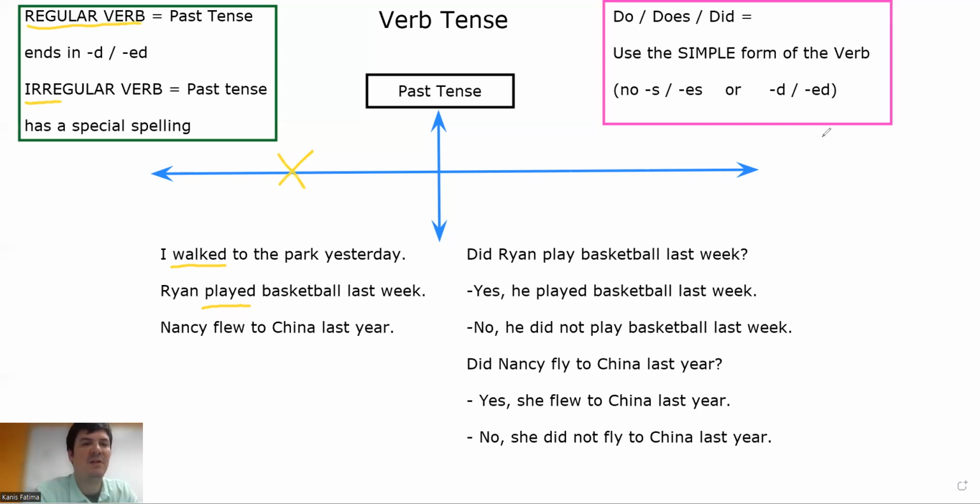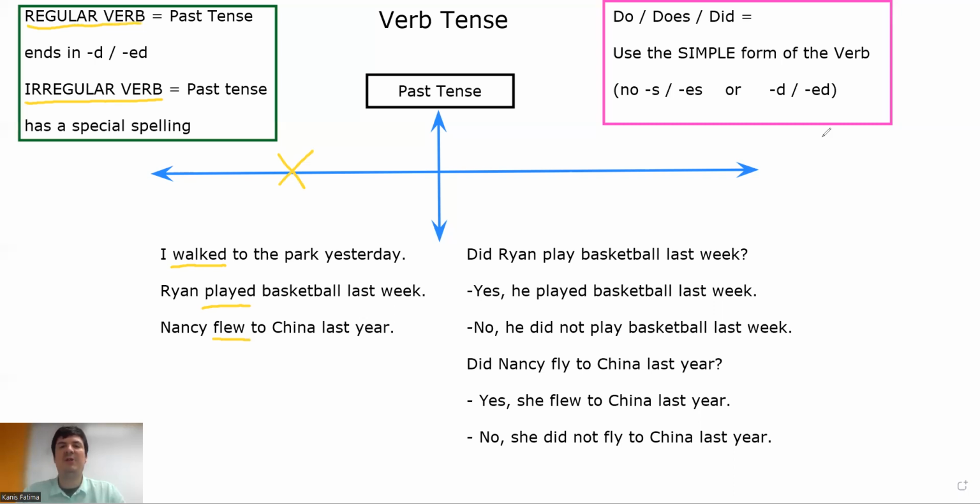Irregular verbs, the past tense has a special spelling. It does not end in D or ED. For example, Nancy flew to China last year. Flew is the past tense for fly. It does not end in D or ED. Therefore, it is an irregular verb.